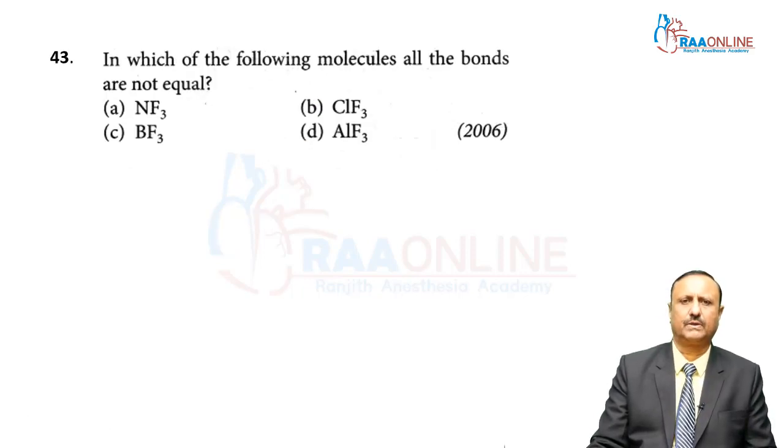Now we can see question number 43. In which of the following molecules are all the bonds not equal? So my dear students, you can see the lone pair electrons and bond pair electrons.